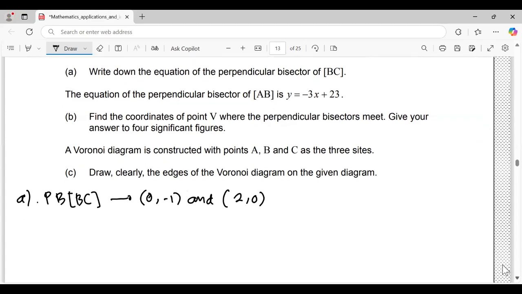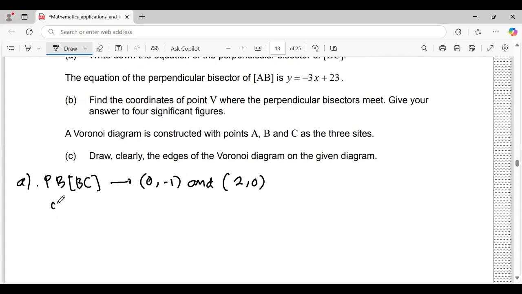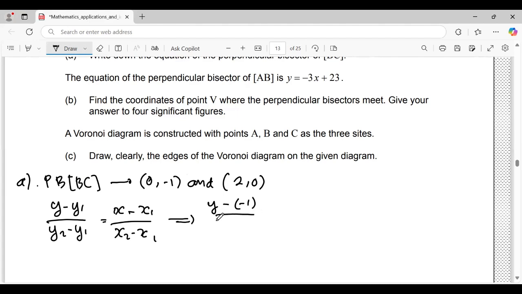I'd like to use this formula to determine the equation: (y minus y1) over (y2 minus y1) equals (x minus x1) over (x2 minus x1).